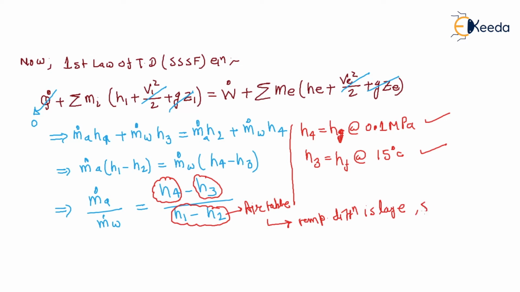So use the table instead of considering constant Cp and Cv for air.